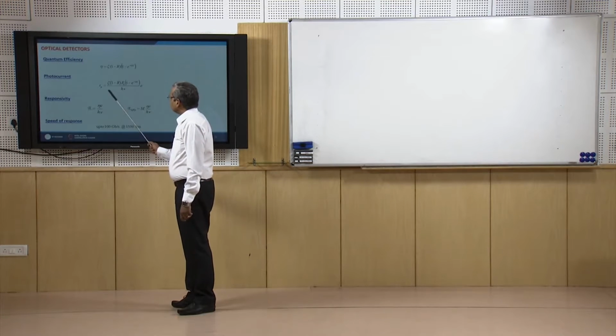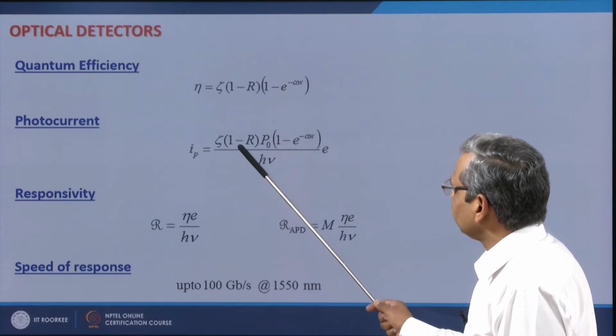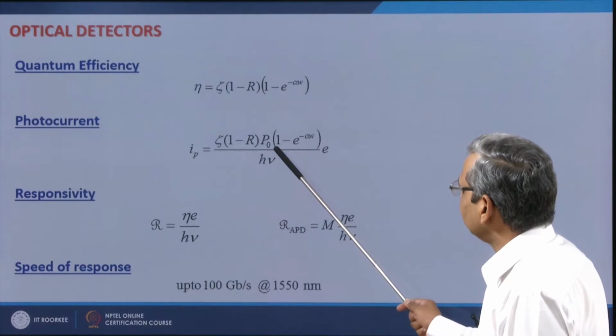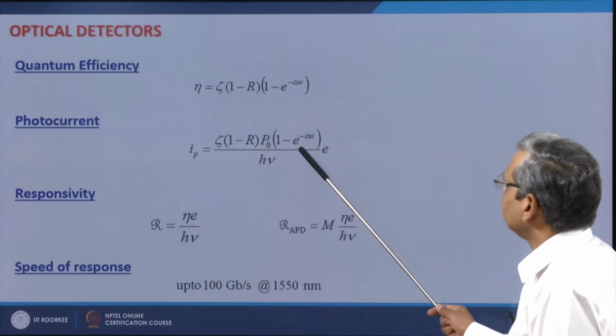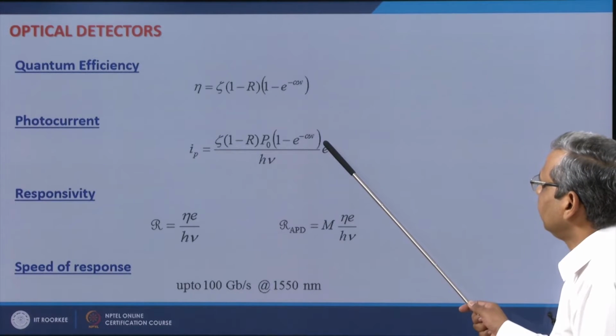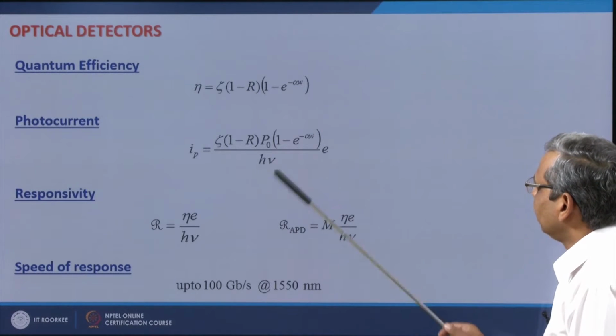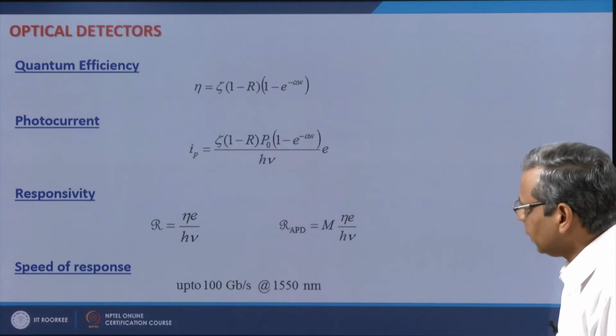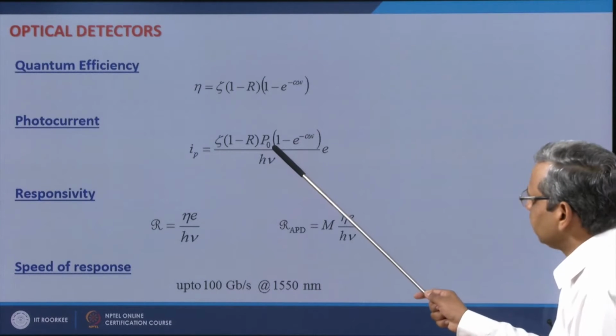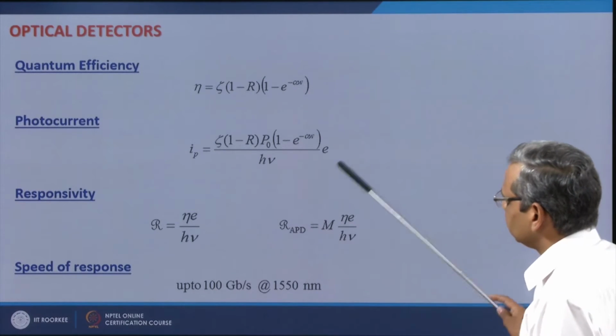Photocurrent which is generated is given by IP is equal to zeta times 1 minus r times P 0 times 1 minus e to the power minus alpha w divided by h nu times E, where P 0 is the incident power. So, this much incident power will generate this much current.